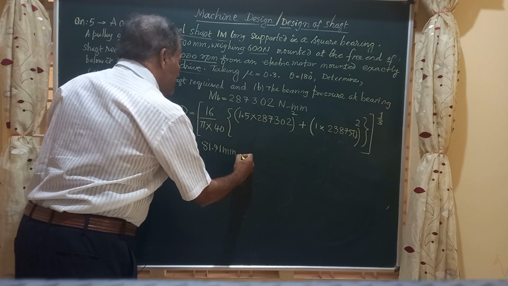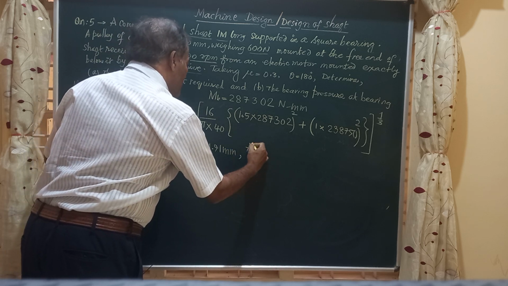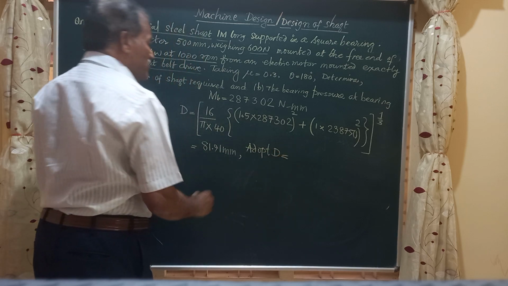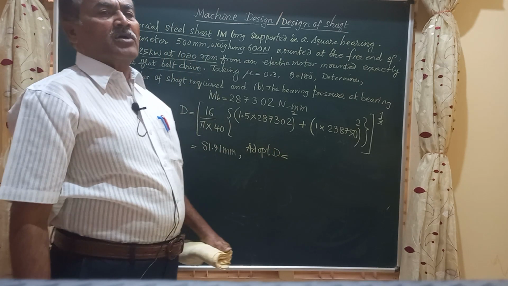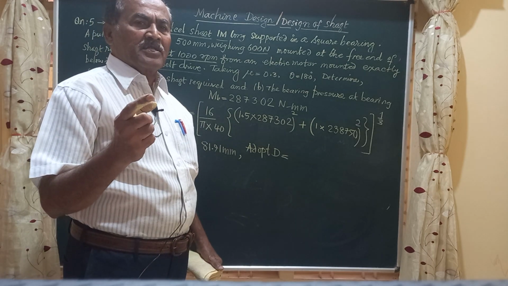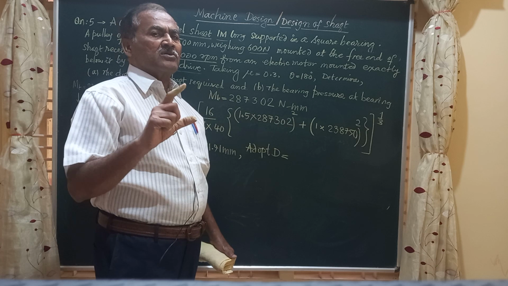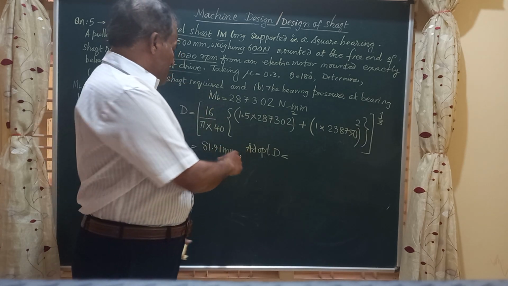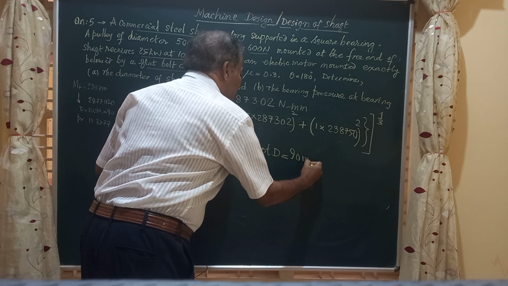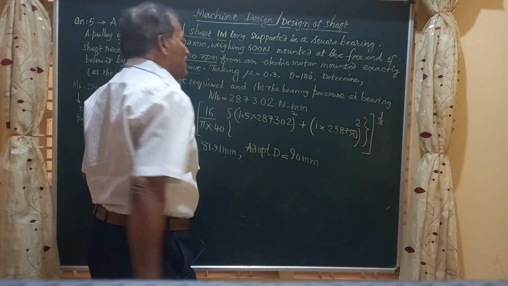So we can adopt a standard size. Adopt capital D equal to, after this 81.91, I told you in one of the previous sessions, after 60 millimeter there will be a rise of 10 mm. So this can be rounded off to 90 millimeter. It is a standard size of the shaft.